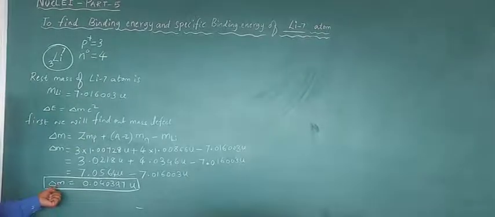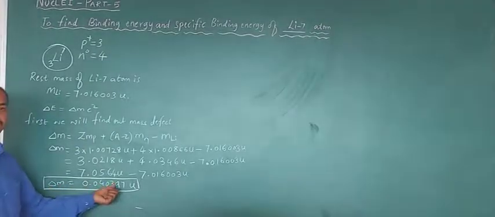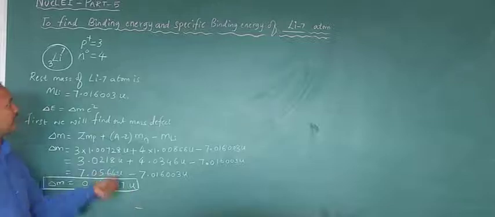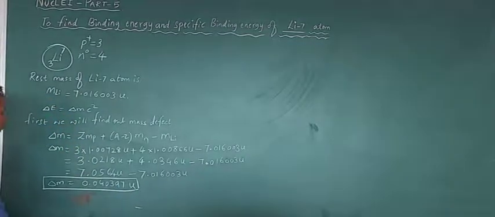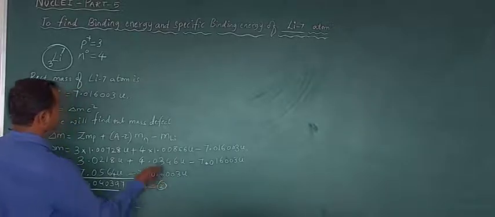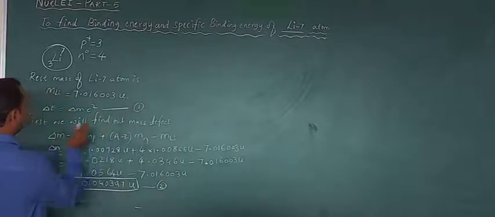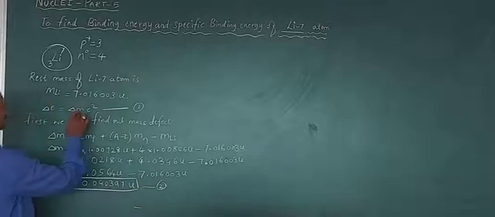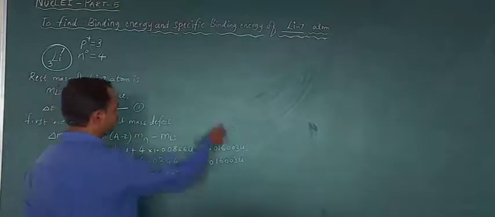So delta m equals 0.040397 units is the mass defect in the lithium atom. Now we substitute this, equation 2, in equation 1, and we will get the binding energy.